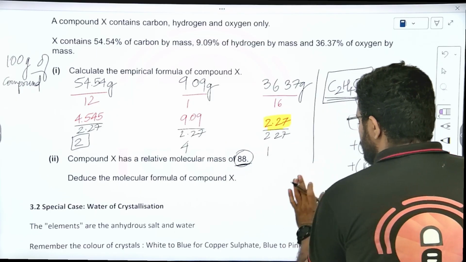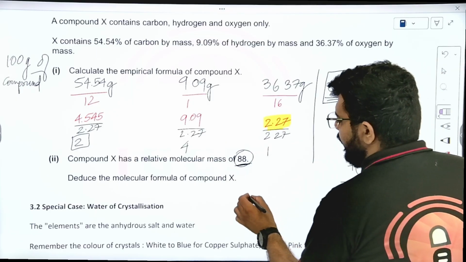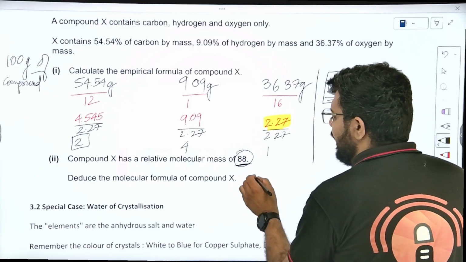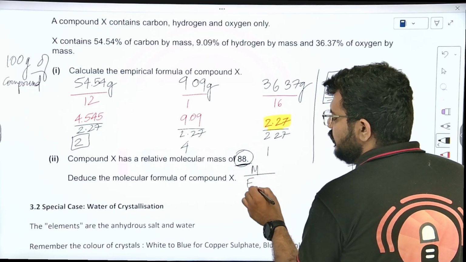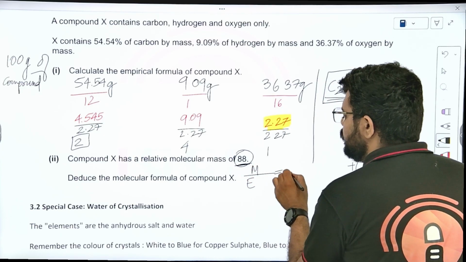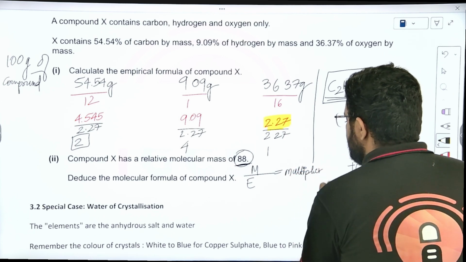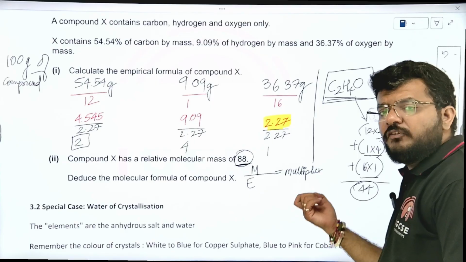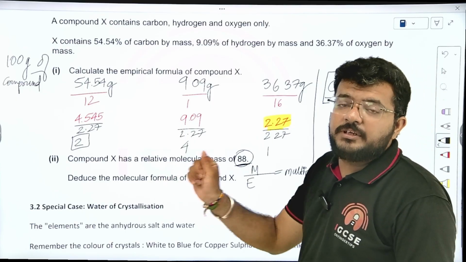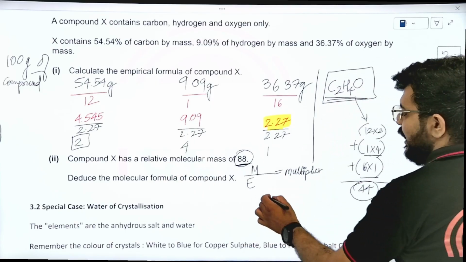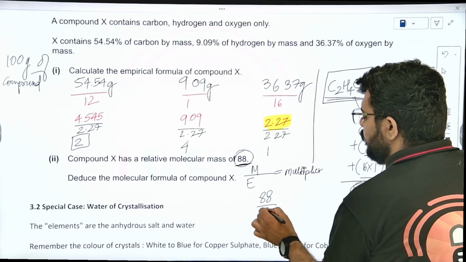Instead of thinking about it like this, you can also find out that the molecular mass upon the empirical mass gives you a multiplier, right? This is the actual number of atoms of each of the elements present in the compound. So I have 88 upon 44.